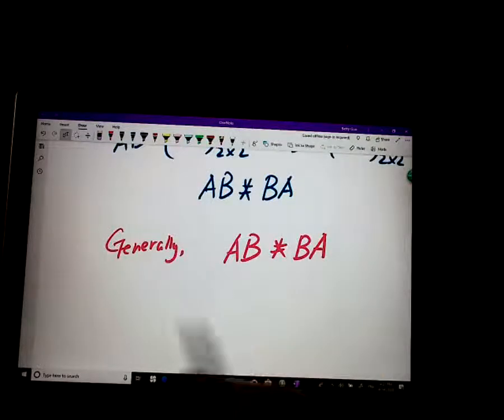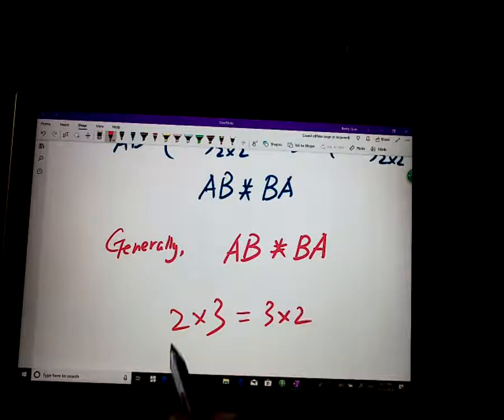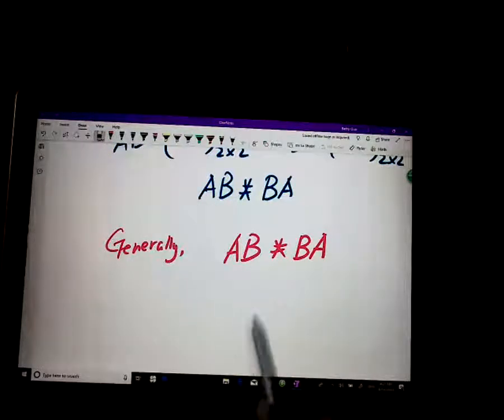If we have two numbers, let's say 2 and 3, we know 2 times 3 equals 3 times 2, right? The multiplication satisfies the commutative property. However, if the two things are matrices, definitely not.